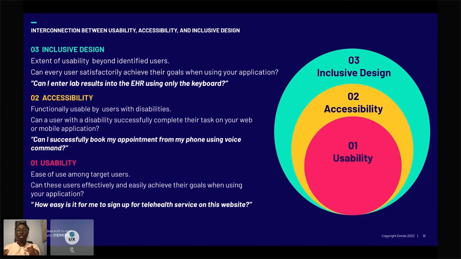It is not just leaving it to the user to figure out the information on your website, to say, okay, I'm going to read from left to right or from top to bottom. But what does that experience look like for somebody using a screen reader? Do you factor in how the information will be consumed and how the screen reader will communicate that information to the user? Right? So that is why accessibility is another level, because you're now considering specific needs and other ways of interacting with the environment.